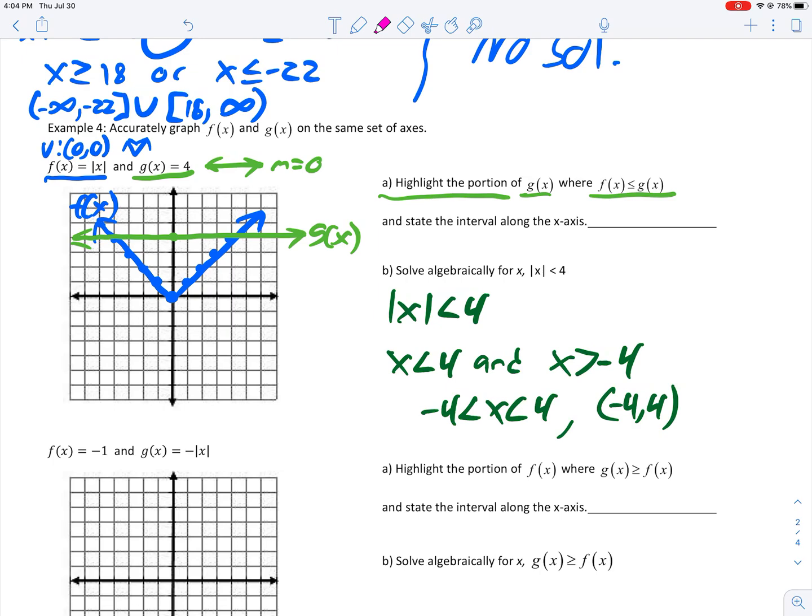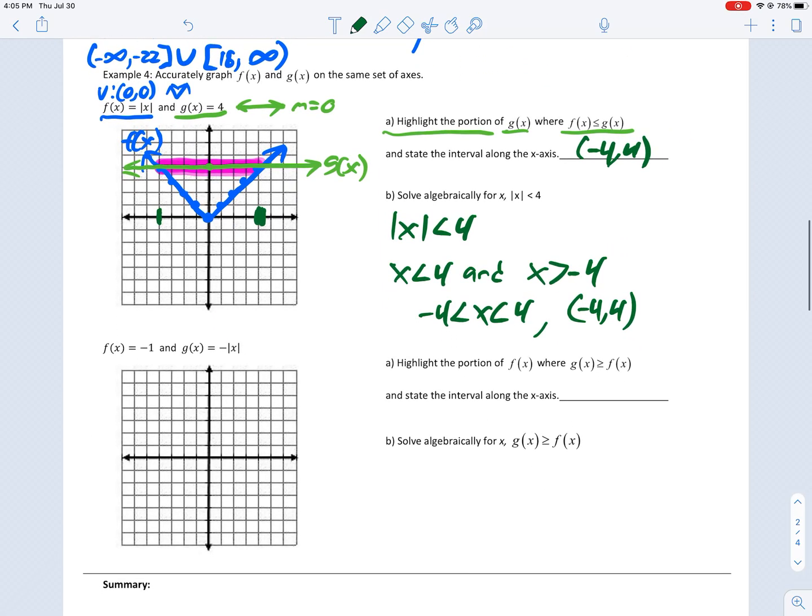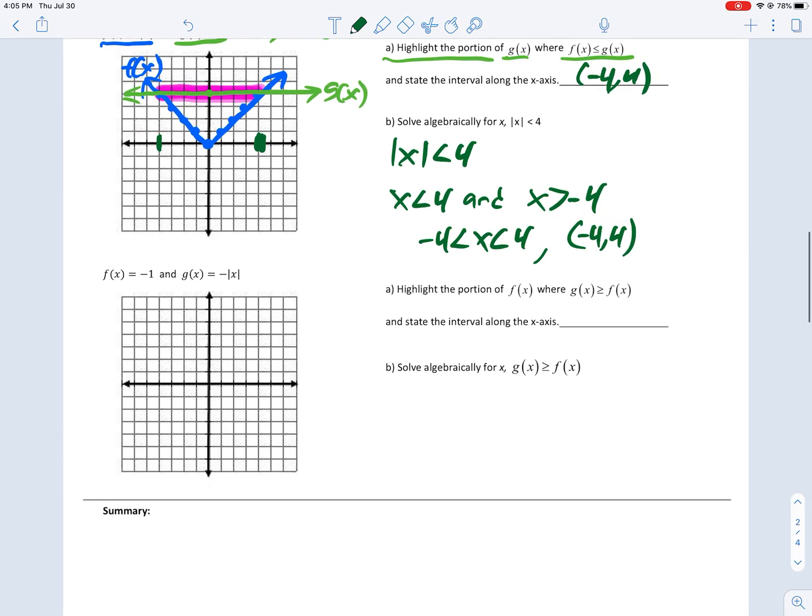So when it asks me to highlight the part of the line, so for me the green line, where the line is greater than the blue graph, that's this part right here. And if you look closely, that's from 4 to negative 4. That's the part we highlighted. So from negative 4 to 4. So there we go.